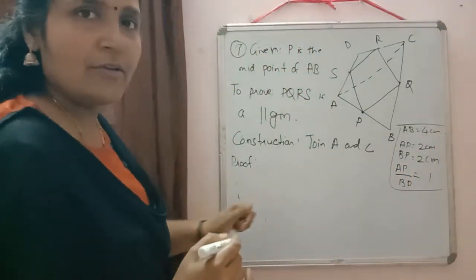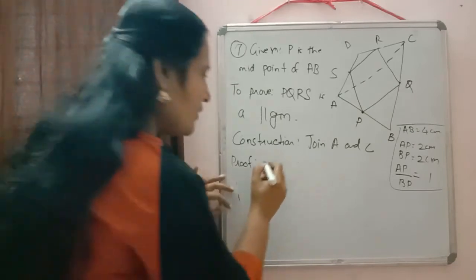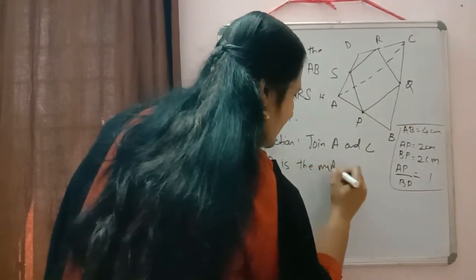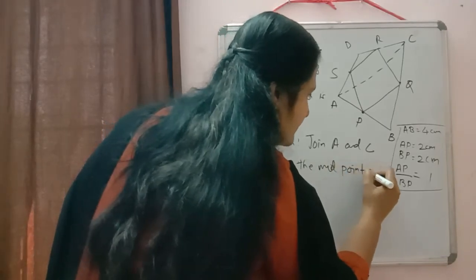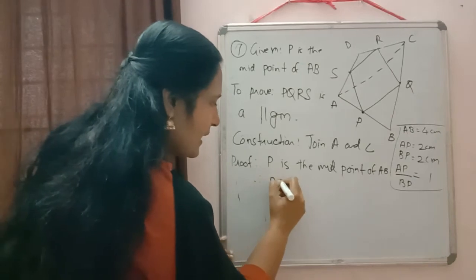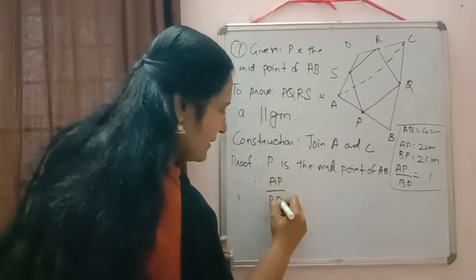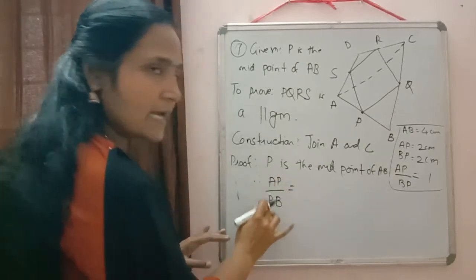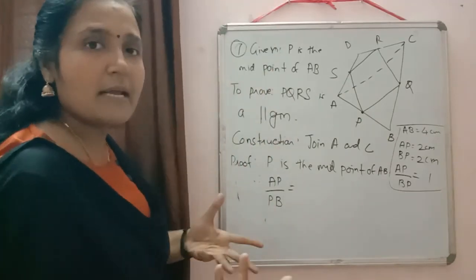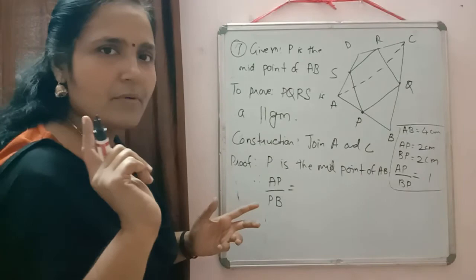Now I am going to write here directly. What am I going to write here? P is the midpoint of AB. Therefore, AP by PB, both line segments will be equal in length. So when we divide them, what will the answer be? The answer will be equal to 1.